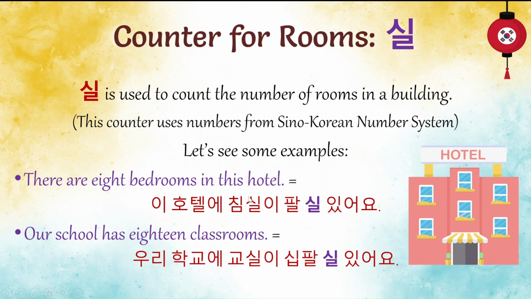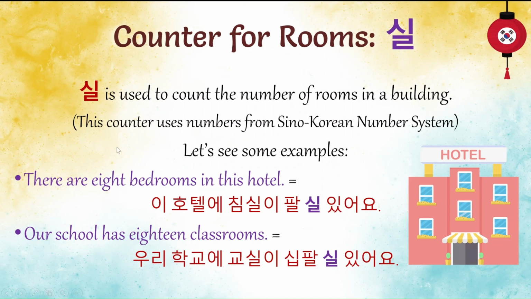Now you have to say 8 bedrooms. 침실이 8실. And for something to be there at a place, we use the verb 있다 for that purpose, and in present tense it is 있어요 to indicate that there are 8 bedrooms in the hotel. We have to use the verb 있다.